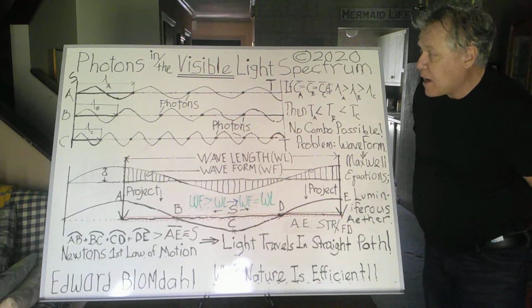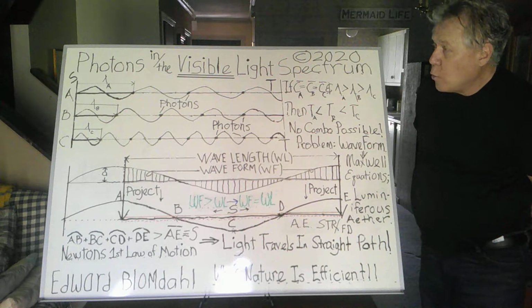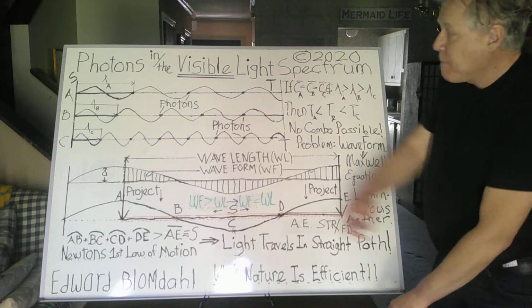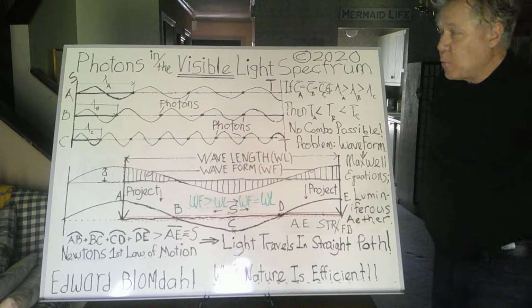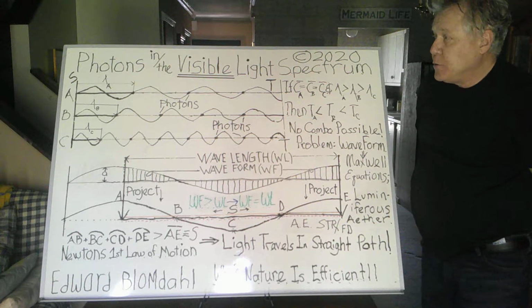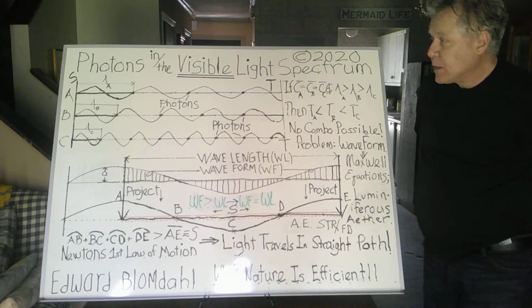So let's get started and go through this. As we look at the top, there are three lines showing a waveform, A, B, and C, and there's also a line pointing out what we consider the wavelength. At least by current thinking, the speed of light is equal to the wavelength times the frequency.